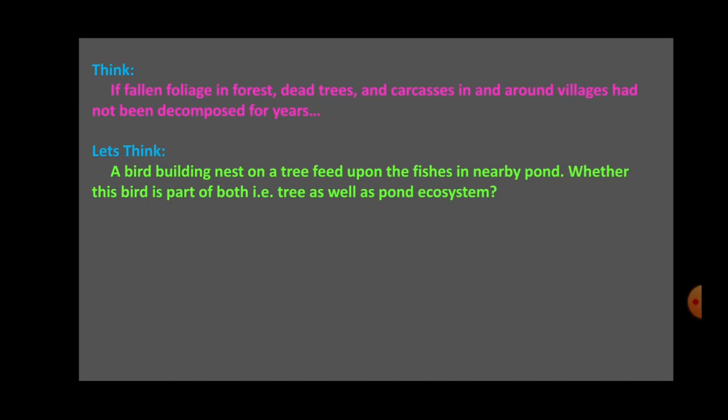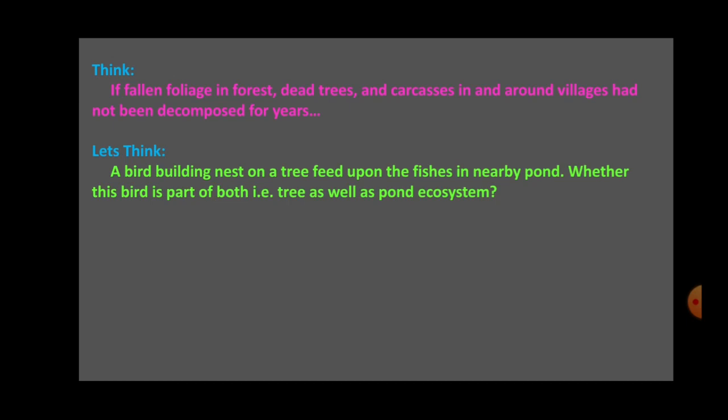We have studied different types of ecosystems: pond ecosystem, lake ecosystem, aquatic ecosystem. So the bird is part of both ecosystems. It lives on the tree, so it is part of the tree ecosystem, and it feeds upon the fishes in the nearby pond, so it is a part of the pond ecosystem as well.